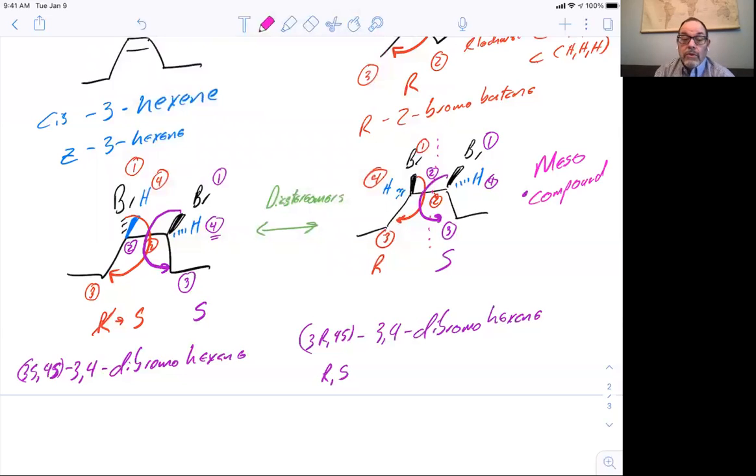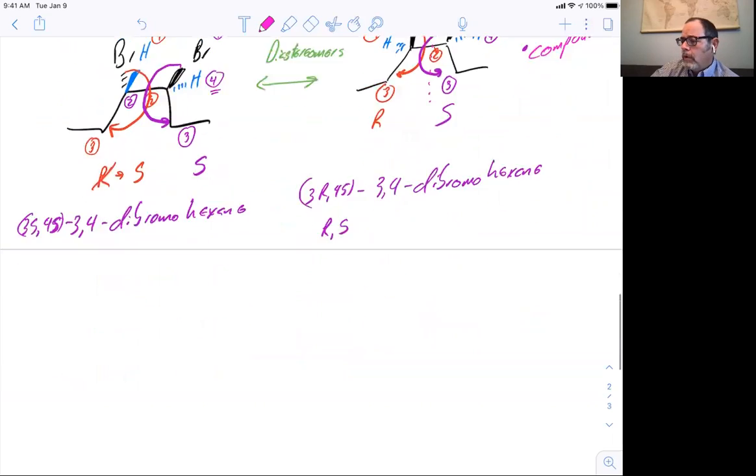And the reason sometimes you'll see the 3 and 4 left off is it's a meso compound, so it's got a mirror plane in the middle, and you don't know which one is 3 and which one is 4. It's symmetric, and so leaving off the R and S actually kind of clarifies the fact that this is a meso compound.